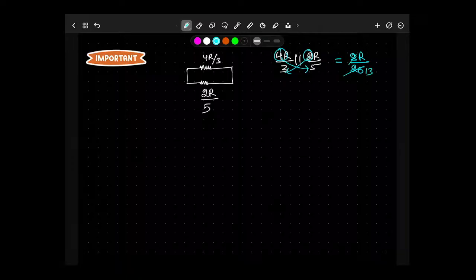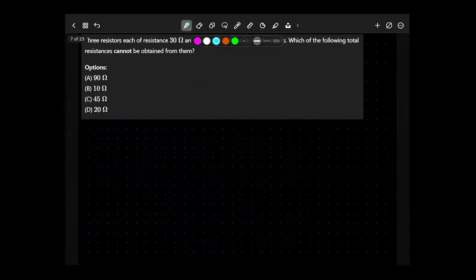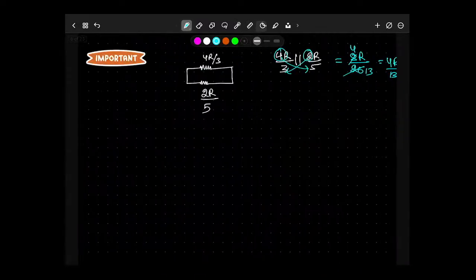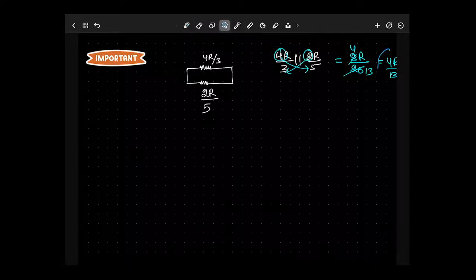And if you reduce it, it will become 4R by 13. That's it. I think it is clear to everyone. 4R by 13. Yes or no?